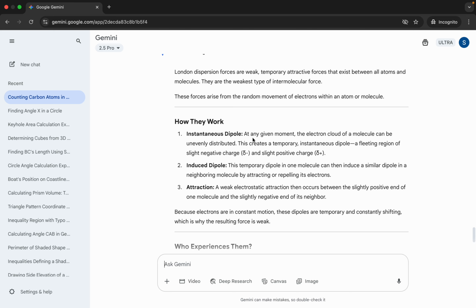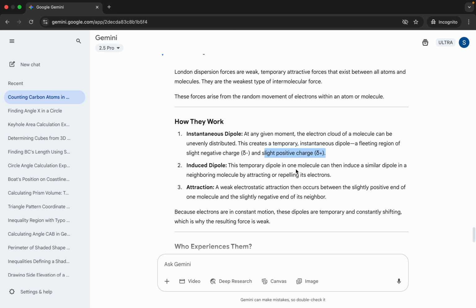Instantaneous dipoles. At any given moment, the electron cloud of a molecule can be unevenly distributed. They create a temporary instantaneous dipole, a fleeting region of slight negative charge, that is delta negative, and slight positive charge, delta positive. Next is induced dipoles.